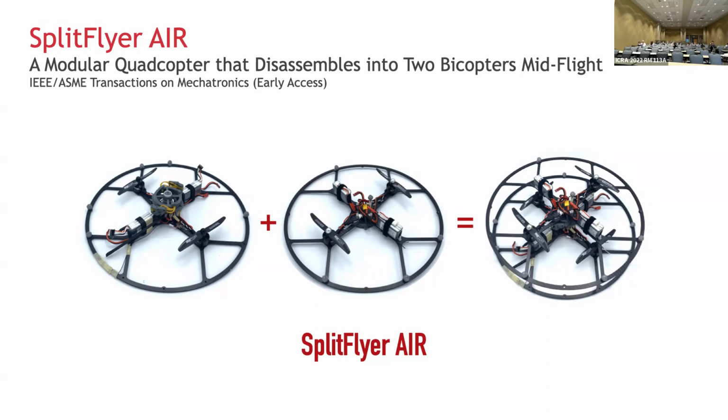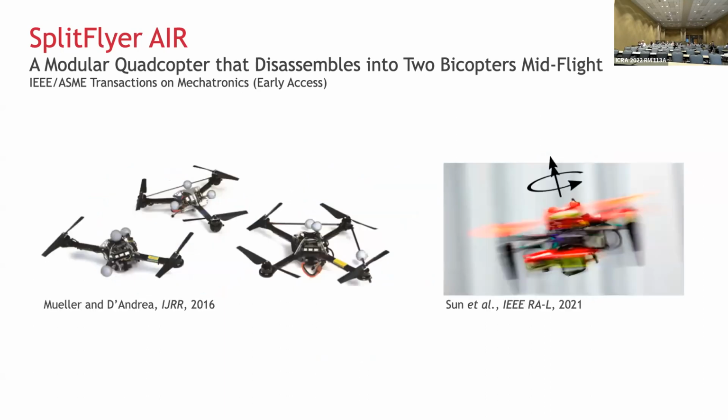I'm not going to lie, previously there have been attempts to use rotorcraft with less than 4 propellers, and they have done a really good job, one on trajectory tracking, and the other also using onboard vision for stabilization.